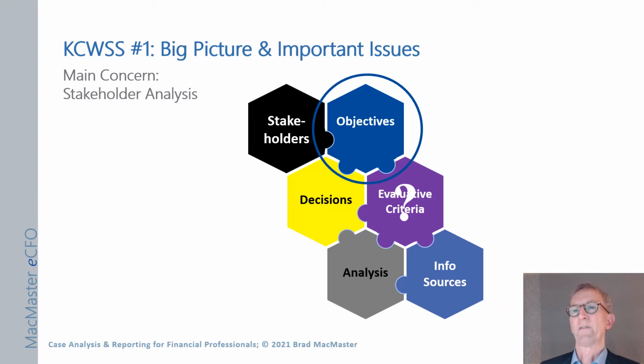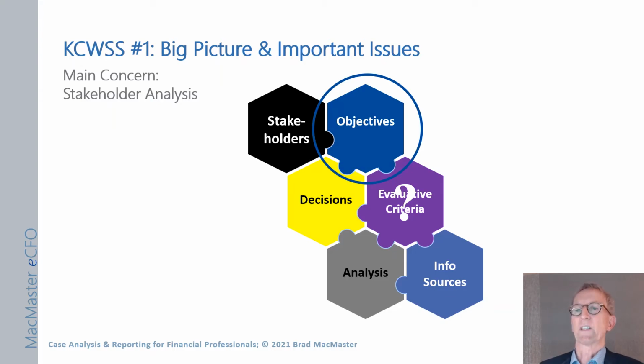For example, investors are generally concerned with increases in an entity's valuation or stock price, while lenders are primarily concerned with getting their loan repaid in full in the ordinary course of business. And so those general objectives are pretty much true for any shareholder or any lender.